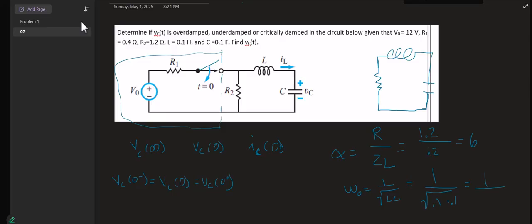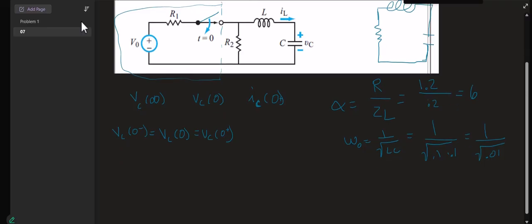So that's 1 over the square root of 0.01, which is 1 over 0.1, which is 10. So omega naught equals 10. And so we have alpha less than omega naught, which tells us that we are in our underdamped situation.